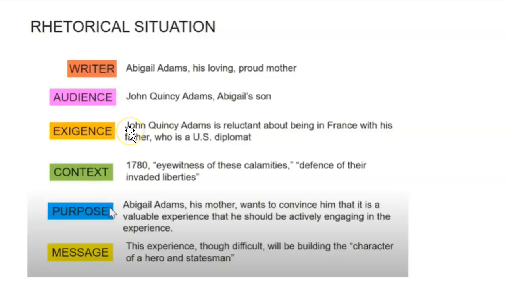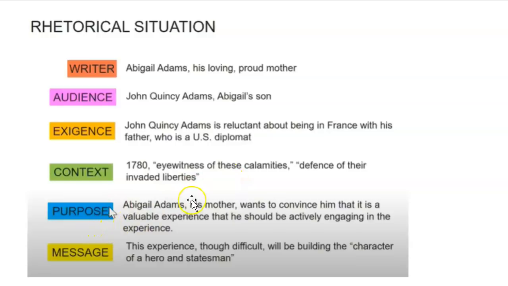She was writing this because she knew John Quincy Adams was reluctant about being in France with his father, who is a U.S. diplomat. Some of the context that we have is that she wrote this in 1780, and she tells her son that he is an eyewitness of these calamities, and she references the tyranny, the war that he is an eyewitness to. And so we can infer that this is written right after the Revolutionary War.